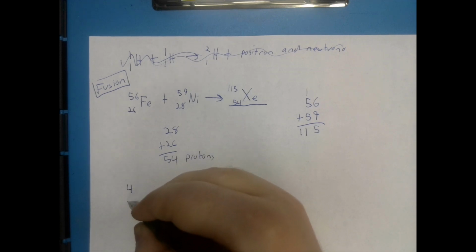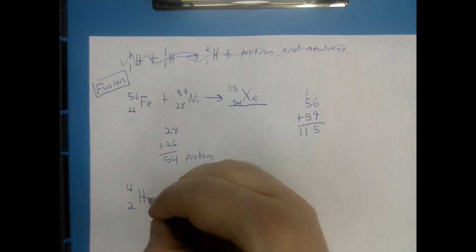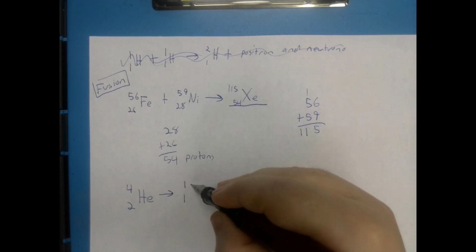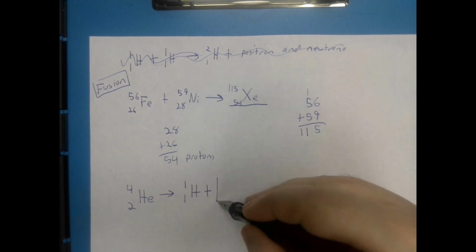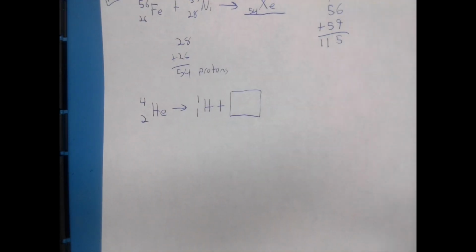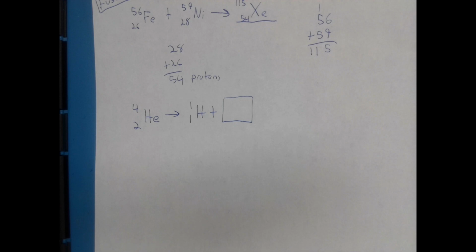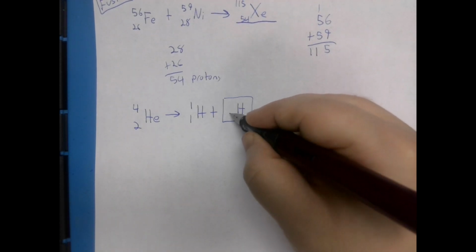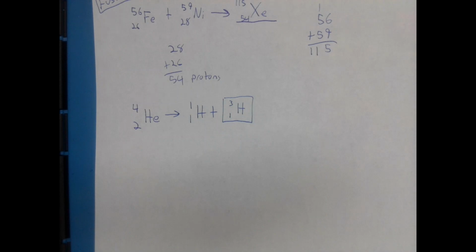All right, we have helium. What would go in this box? This would be hydrogen 3, tritium.